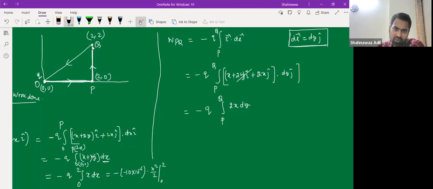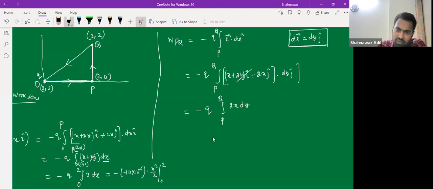X is not varying. So we can take it out, right? So in this case, x is how much? X is 2 here.